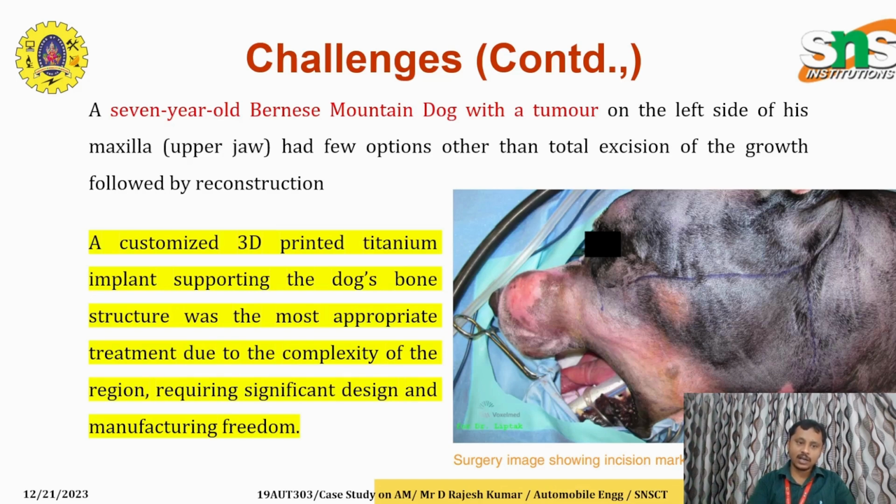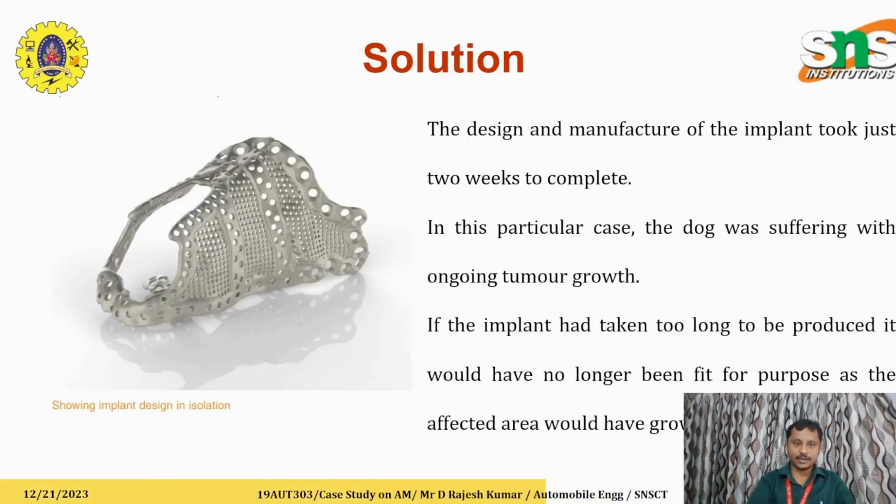So they went for a 3D printed model. They analyze the design geometry and create a CAD model, and through this CAD model, the dog's upper jaw is 3D printed using titanium as its material, and this part is fixed inside the bone.